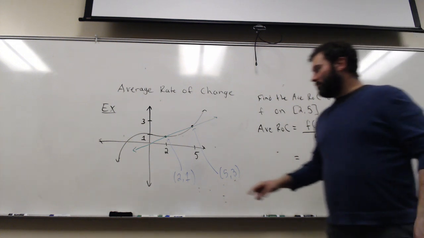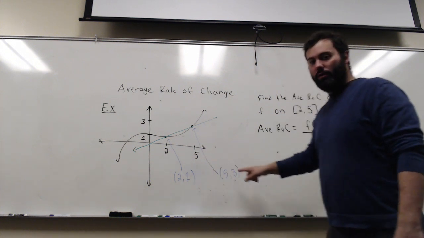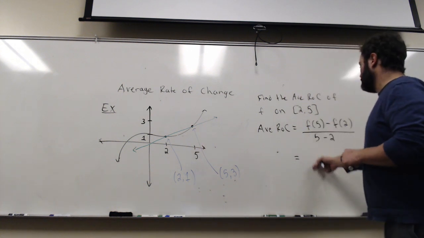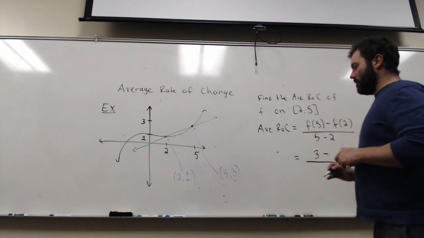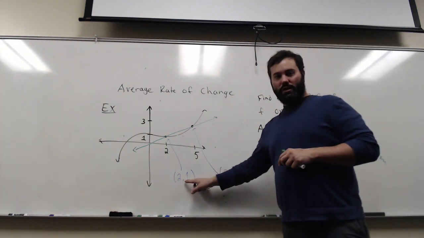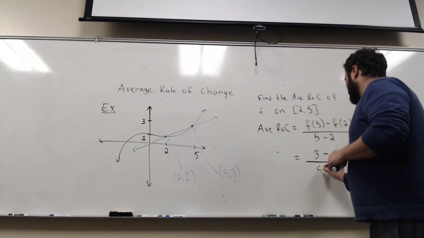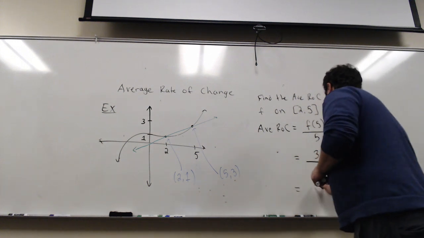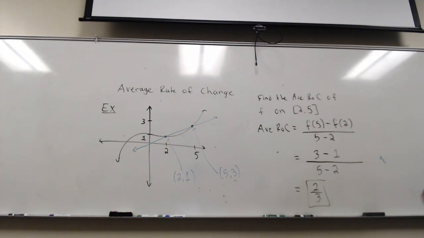So when x is equal to 5, the output is 3. So f of 5 equals 3, and then you're going to subtract f of 2, which is the y coordinate, positive 1, and then you're going to divide by 5 minus 2. And when you work that out, you should get a value of 2/3.